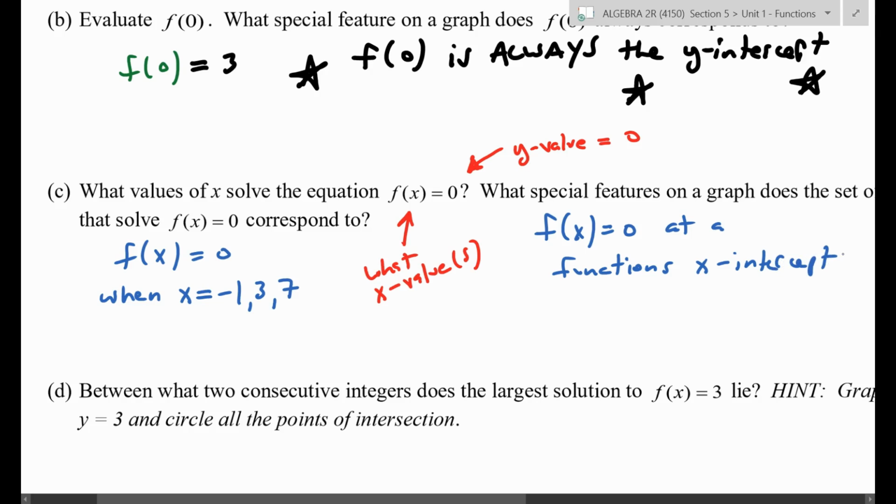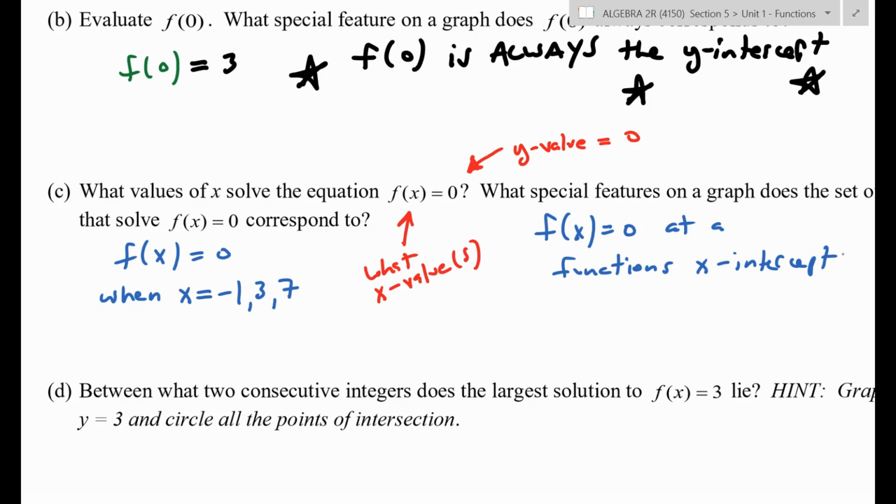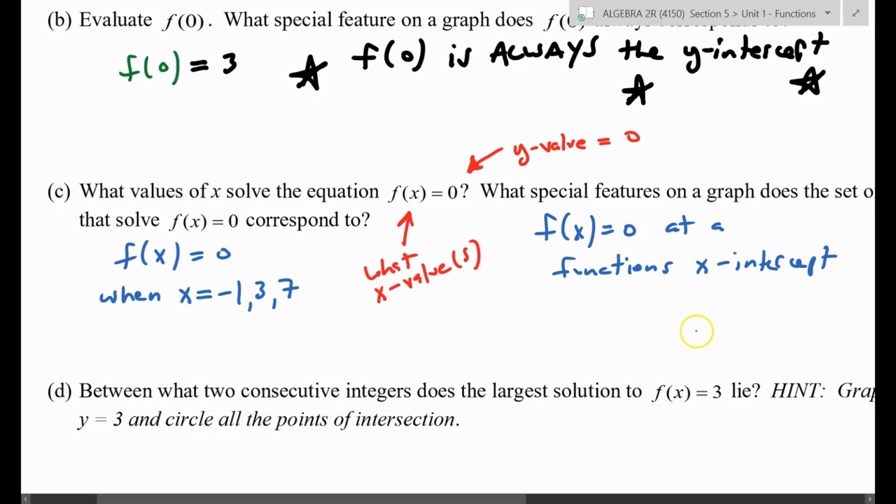Hey guys, you didn't really use the word x-intercept last year or 2 years ago in algebra. What word did you use? You didn't really use x-intercept. Trees have them. Roots.